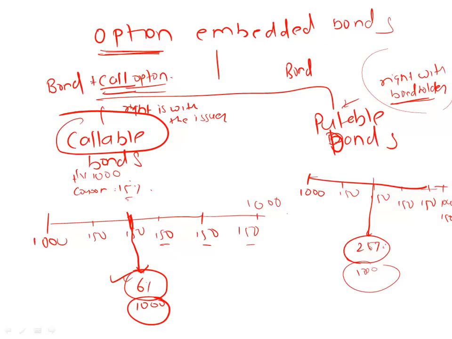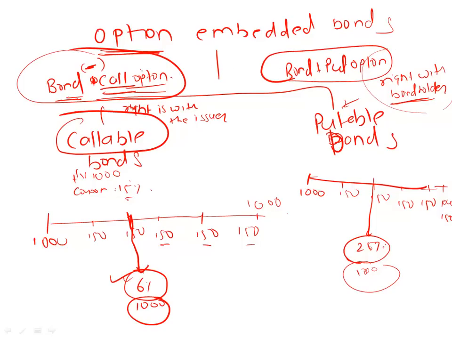This might be a bit difficult to digest, but this would be bond minus a call option, because if you see from a bondholder's perspective, he is purchasing a bond, but he is giving a right to the issuer. So when you give a right, that means you've issued something. If you're finding it difficult, don't worry about this too much. This would be clear when we do derivatives, but this would be bond minus a call option from a bondholder's perspective, and this would be bond plus a put option.